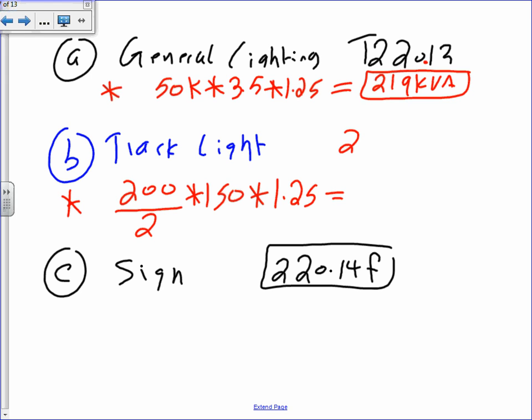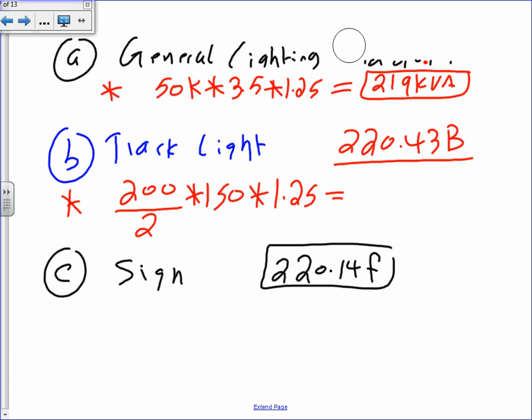This one is coming from 220.43B. Which one? This one? This one is coming from 220.12. Let me do it for you. So this is coming from table 220.12. Cool?